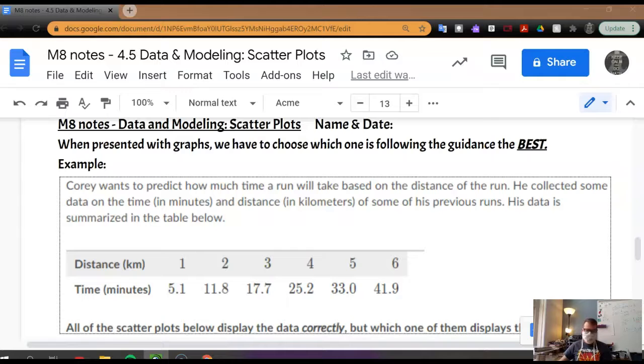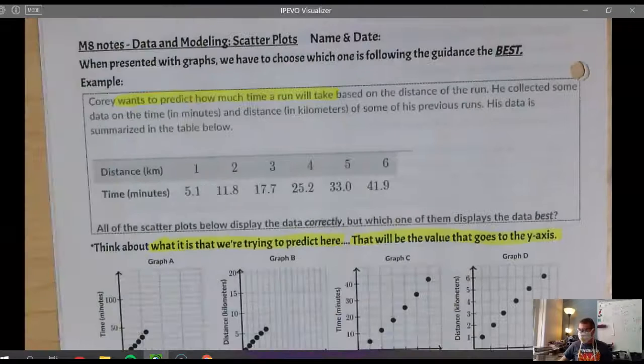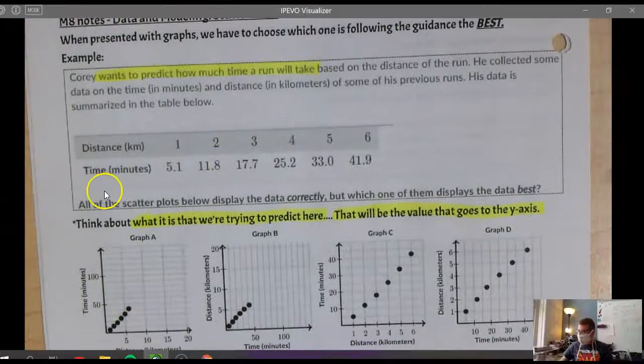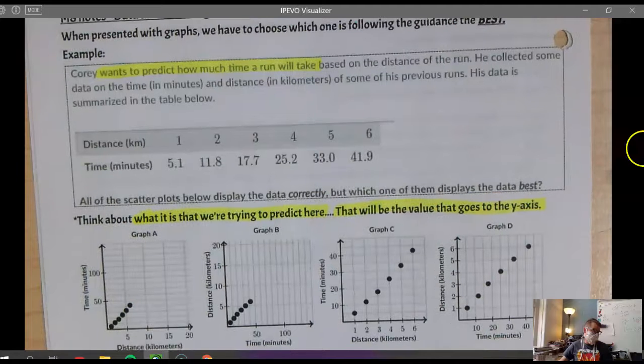Colin? Why do you say that? Because the distance determines whether or not... You used a word that we're not allowed to use. I used independent. Yeah, you straight up said the distance is independent.